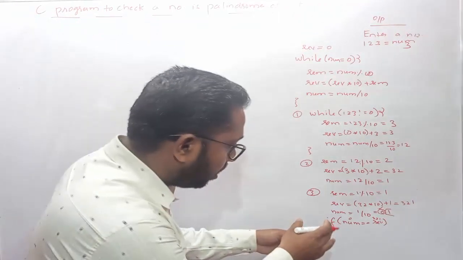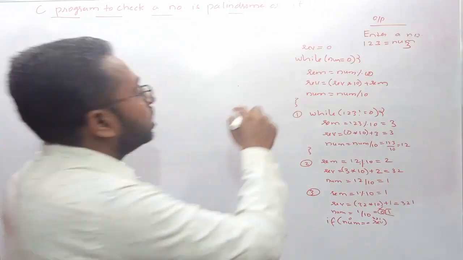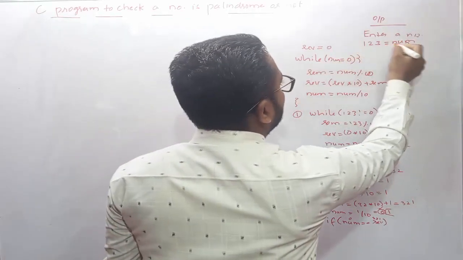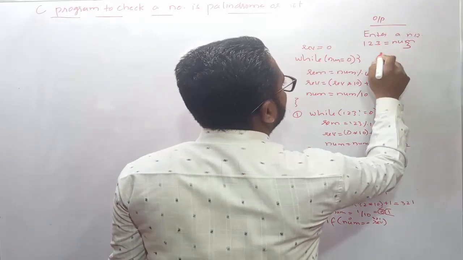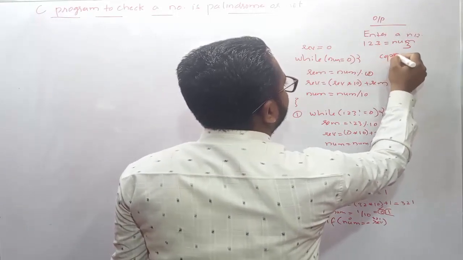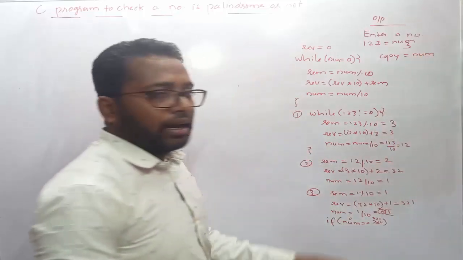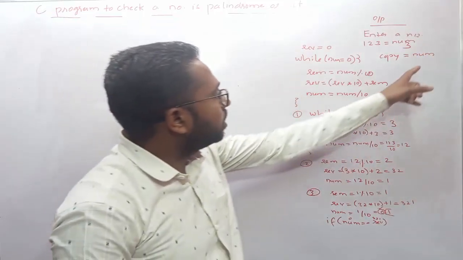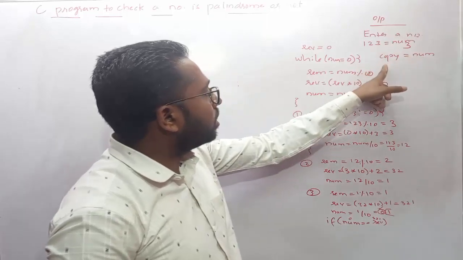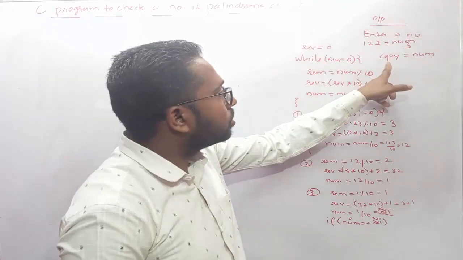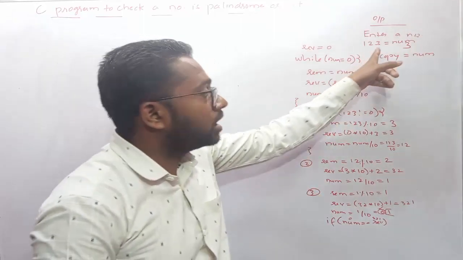So to solve this problem, what you need to do is, initially you need to copy the value of num to some variable, let us say copy. At the very beginning itself, I will copy the value of num, which is 123, to another variable copy, so that I can have the copy of that variable, which is num 123.